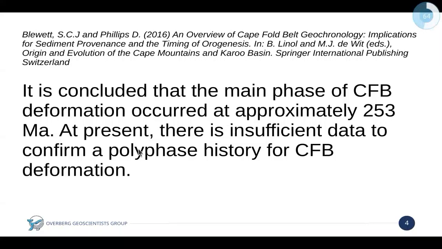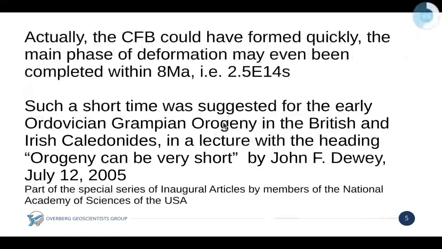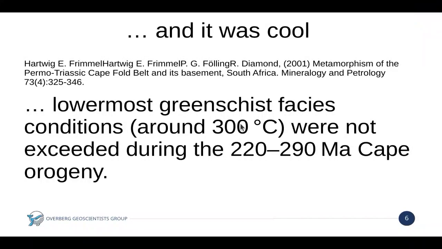So how long did it take? It's concluded that the main phase of the Cape Fold Belt was around 253 million years ago, but it doesn't say how long it took. There's some reason to believe that the main phases of these orogenies are not so long, maybe 8 million years. And our rocks were cool, lowermost greenschist phase, 300 degrees centigrade.